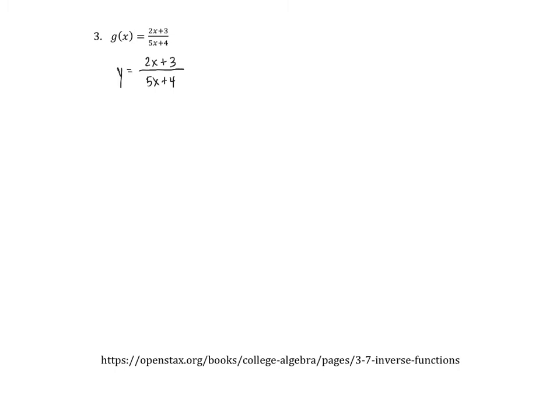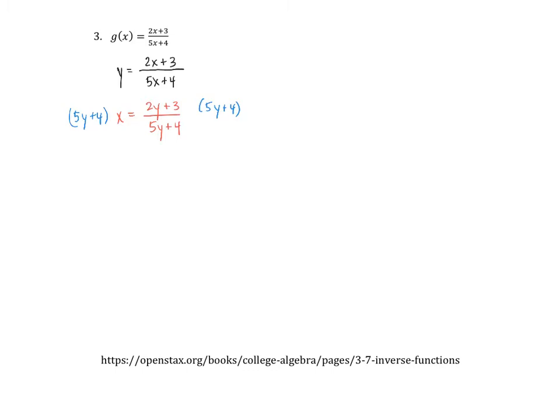Okay, so now the first step is to change my x's and y's. So now I'm going to have x equals 2y plus 3 over 5y plus 4. Now it's time to solve for y. So first thing I want to do, I clearly do not want to have a fraction. So I'm going to multiply both sides by the denominator, 5y plus 4.